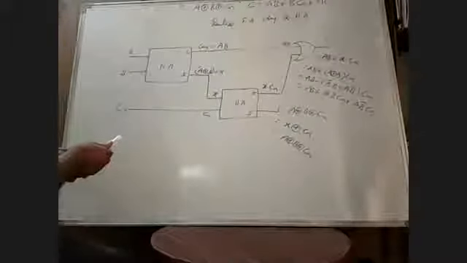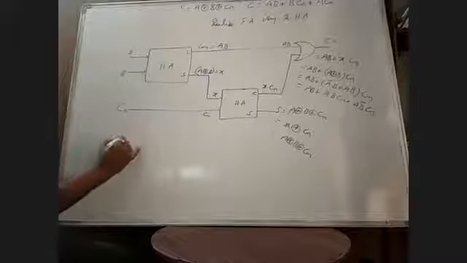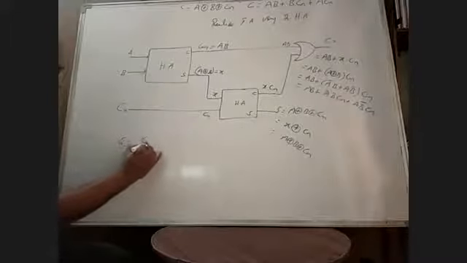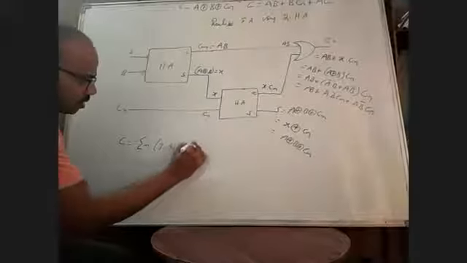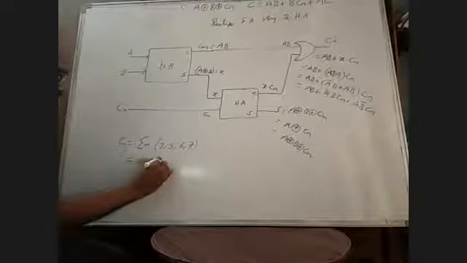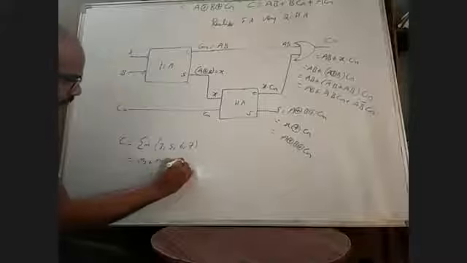Anyone? If you observe, C equals, what are the max terms? 3, 5, 6, 7. That will be M3 plus M5 plus M6 plus M7.